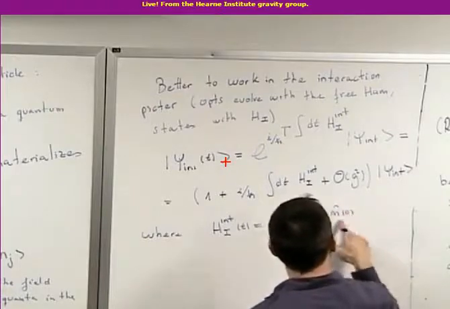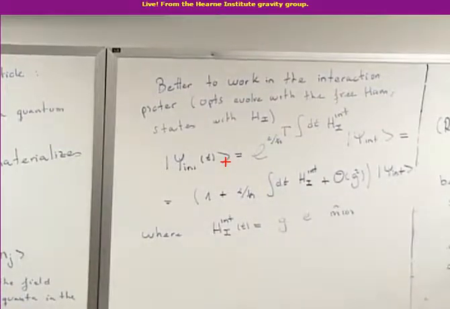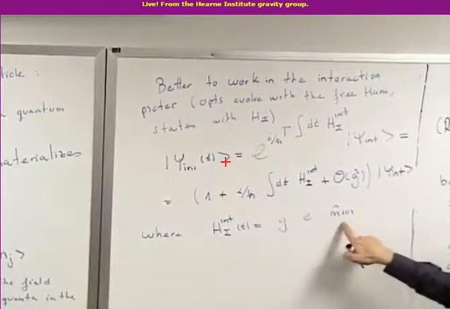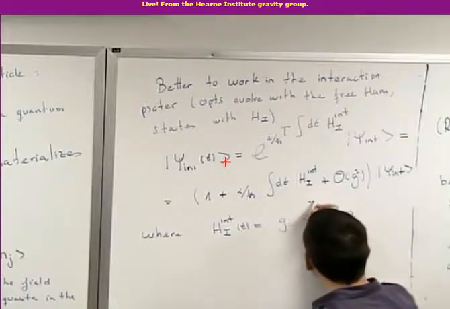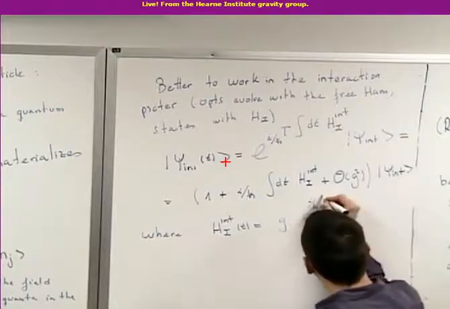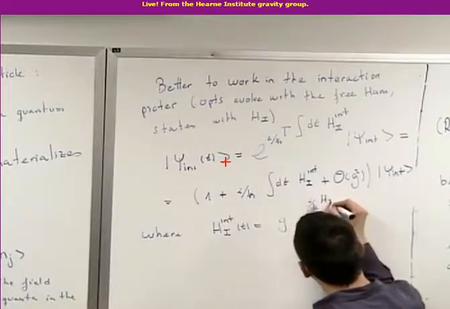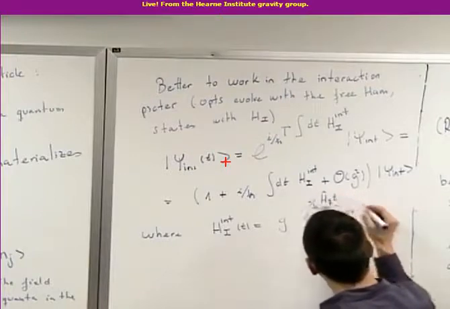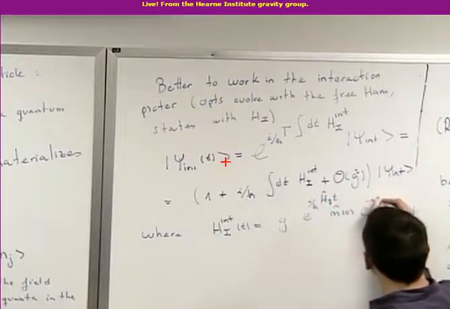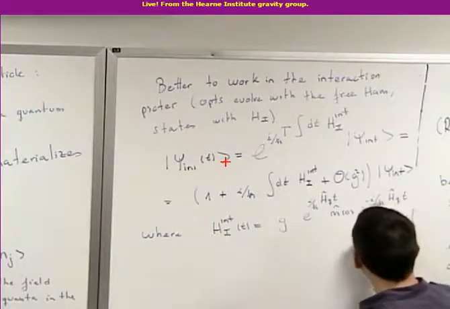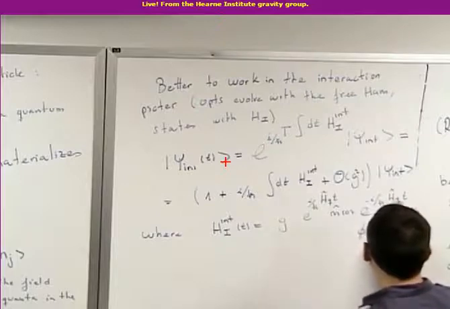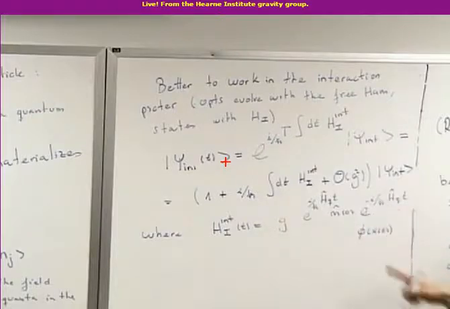The M operator is an operator in the Hilbert space of the detector, so it evolves with the free Hamiltonian of the detector: e to the i H bar, the free Hamiltonian of the detector t, times e to the minus i H bar, the free Hamiltonian of the detector t, times the field operator that we know how to evolve in time.